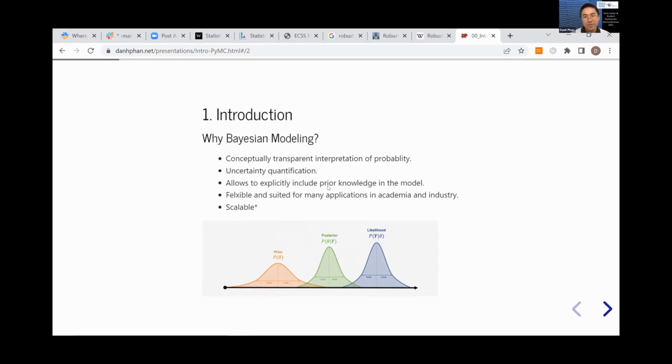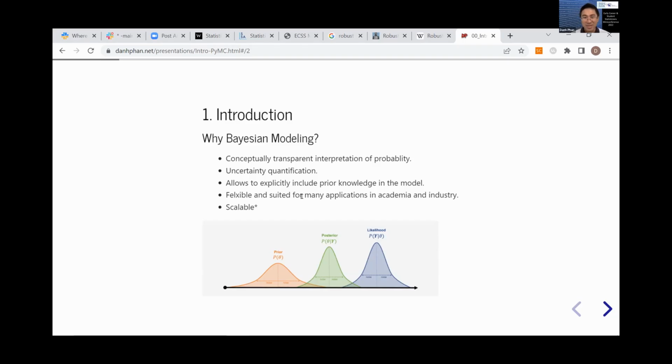Another important thing is being able to input prior knowledge into our model, especially in some industries where we know, for example, that a parameter has to be positive. In my research, for example, travel time and travel cost, people will have a negative coefficient for that. It is also flexible and suitable for many applications.